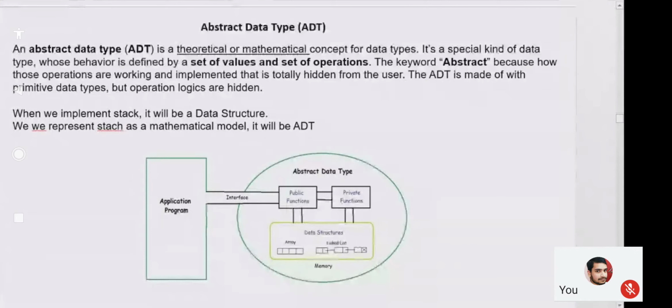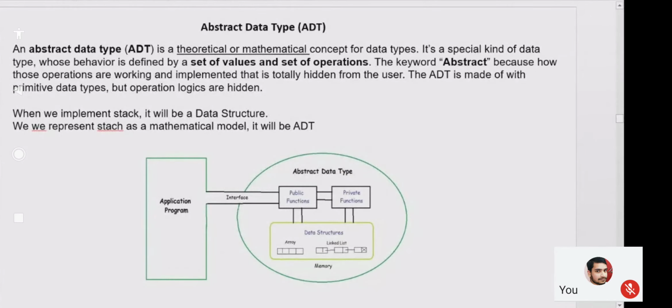Similarly, you can implement queue either in array or in linked list. So ADT means where you have to hide the implementation details. User only knows the operations.